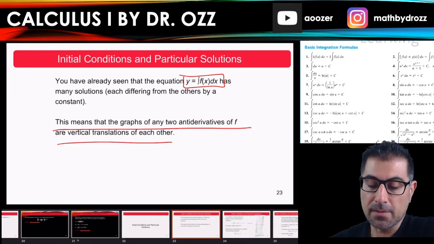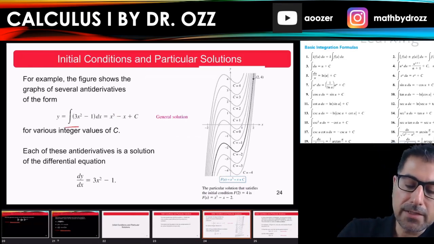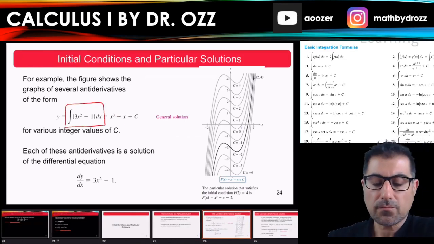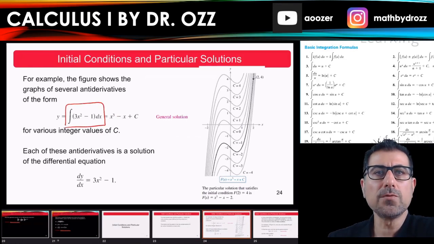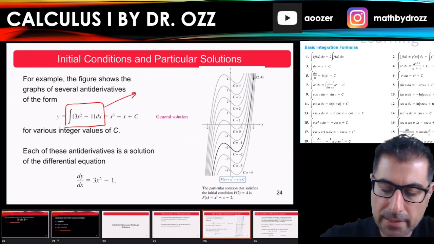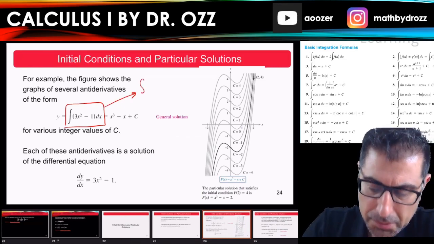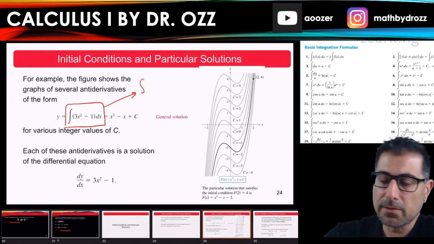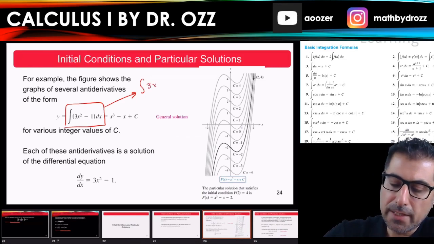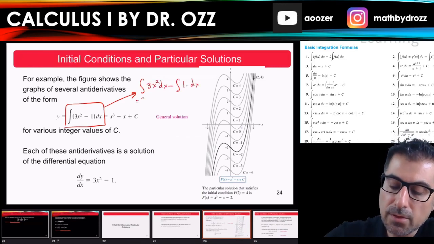Okay, what does that mean? Let's talk about the integral of 3x squared minus 1 dx, and we can easily use the power rule for integration to handle this integral. Let me work through that real quick. I can split this integral into two parts, 3x squared dx minus 1 dx, and I can pull the constant out.